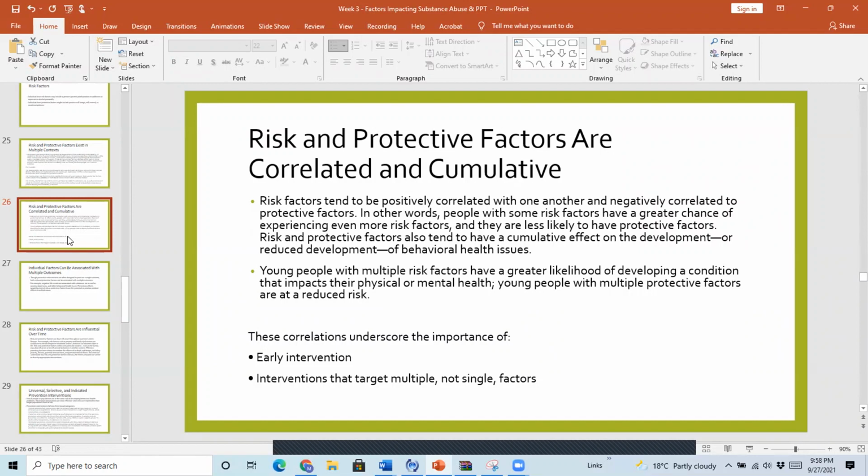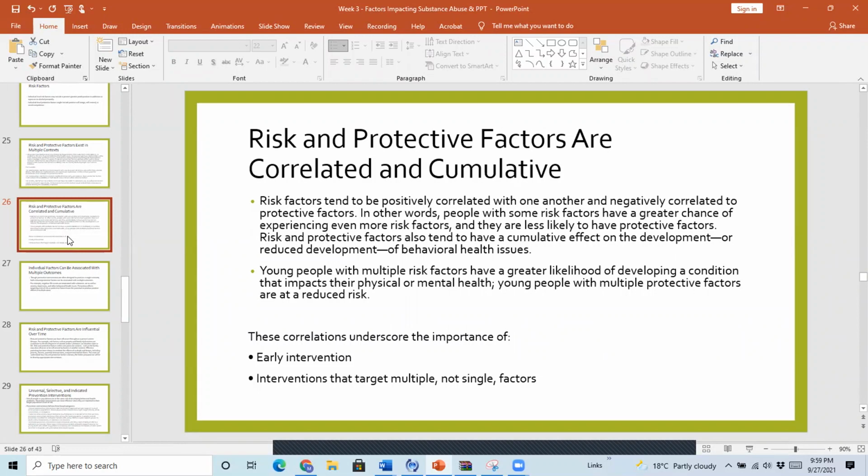Young people with multiple risk factors have a greater likelihood of developing a condition that impacts their physical or mental health. Young people with multiple protective factors are at a reduced risk, right? So the more protective factors you have, the less likely you are to experience addictive disorder, right?